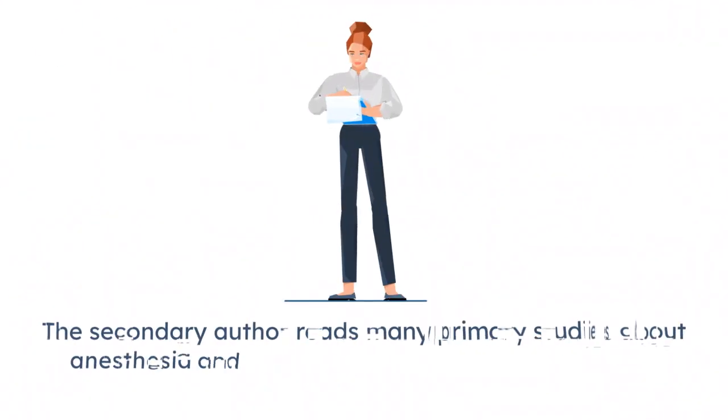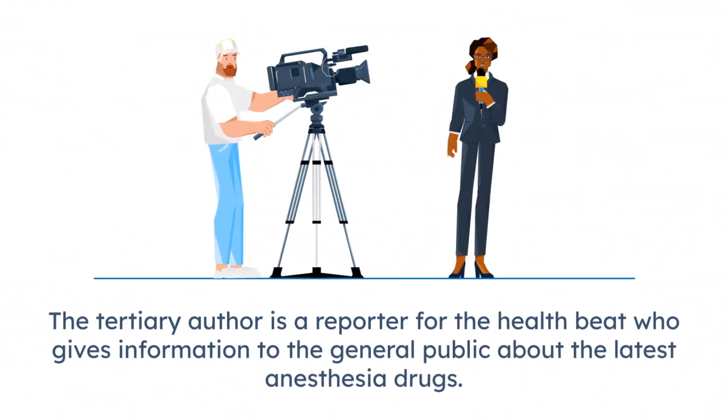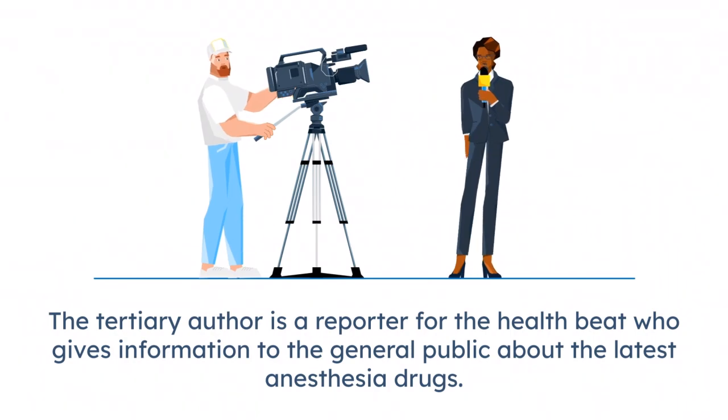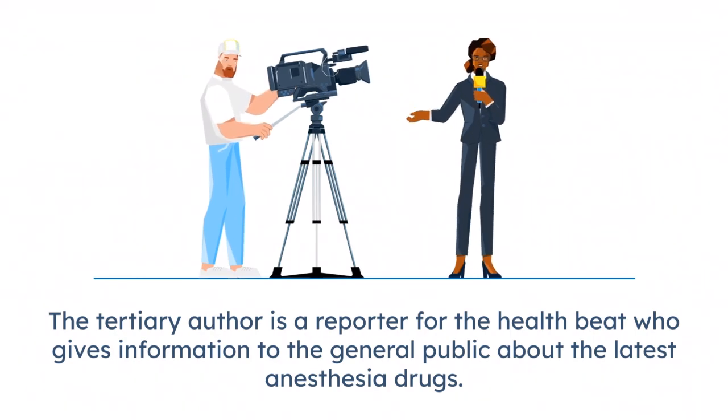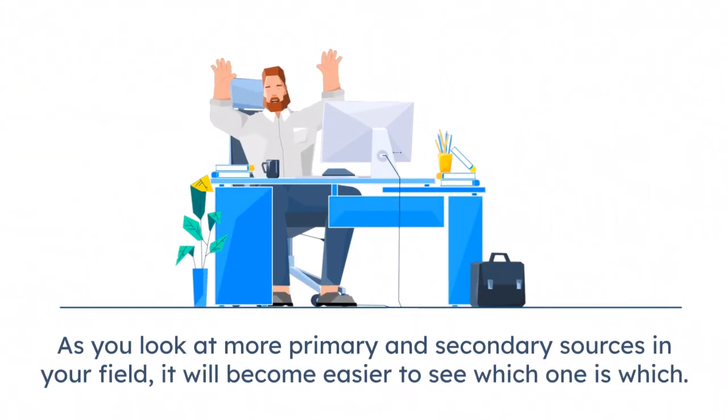The secondary author is a reviewer who reads several articles about anesthesia and writes an article summarizing the best dosage. The tertiary author is a reporter for the health beat of the Washington Post who shares the newest information about anesthesia drugs.